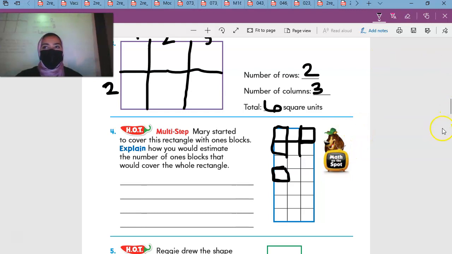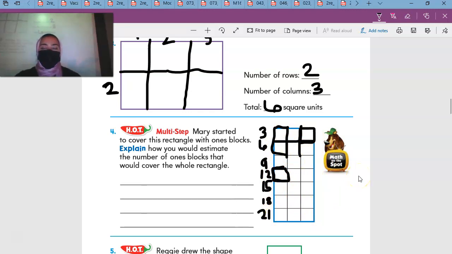So we're going to count by 3s to find out. So count with me. 3, 6, 9, 12, 15, 18, 21. So how many did she use? 21. I just counted by the rows by 3s. That's the fast way of counting.